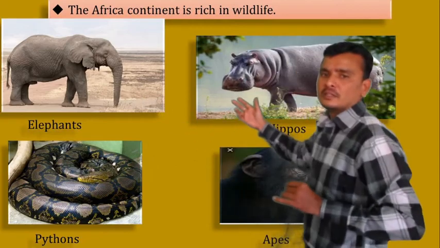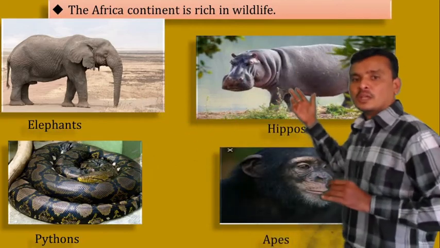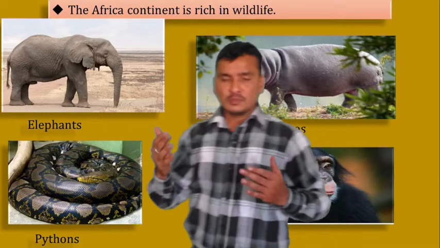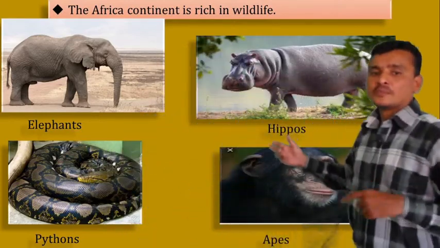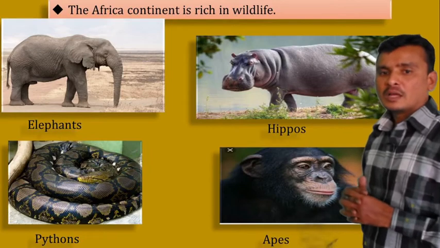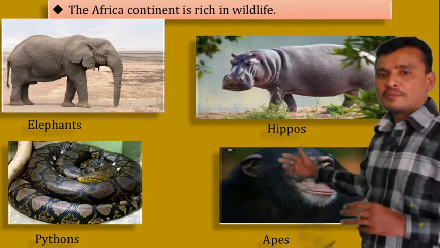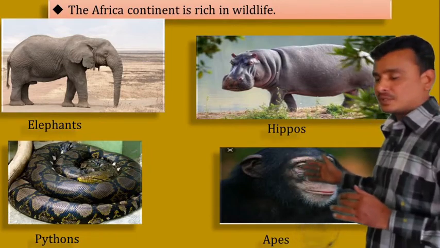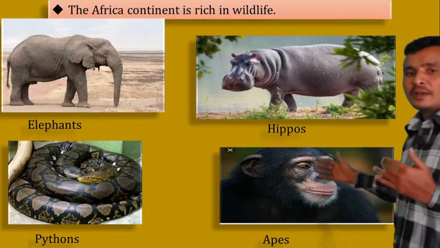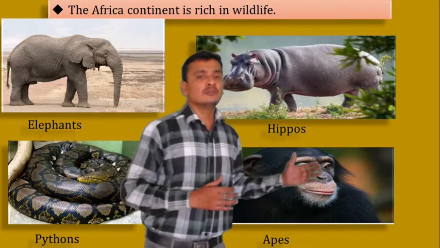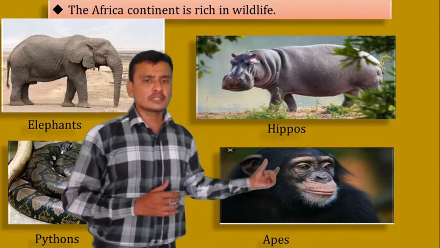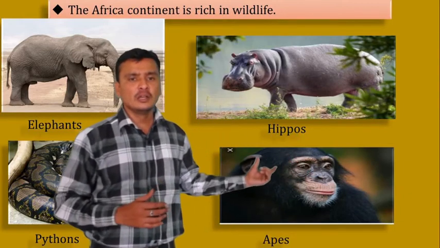Then we find hippos. Hippos are also found in Africa. Then pythons are also found in large number, and the most important feature of the African continent is the apes. We find the apes in large number in Africa, and one of the important features of the Africa continent.